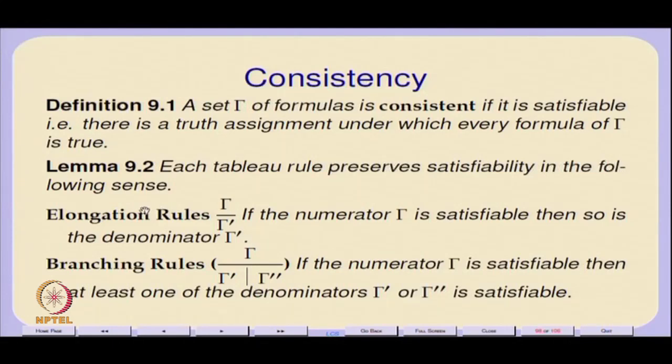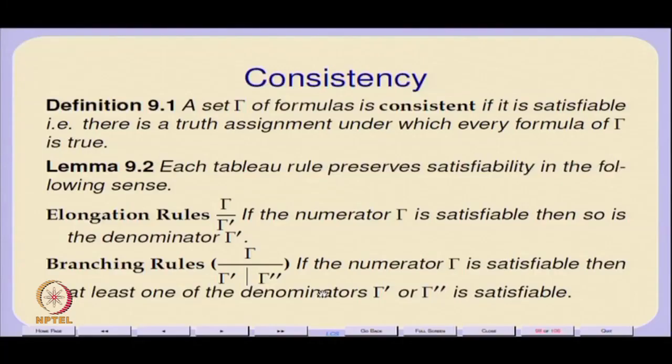Now that we are dealing with sets of formulas, we have to look at the notion of satisfiability in a more precise fashion for a set of formulas. In the case of elongation rules, if the numerator gamma is satisfiable, then so is the denominator gamma prime. In the case of branching rules, if the numerator gamma is satisfiable, then at least one of the denominators is also satisfiable.